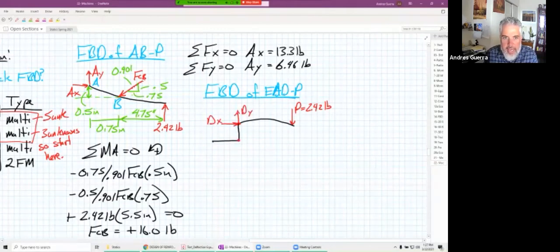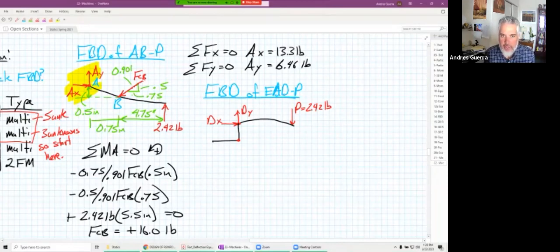At A, we have drawn those, and we did find their value, so we know what direction we should draw them in. This A over here on our previous FBD, these are the forces acting at A from the other rigid object that it's connected to.